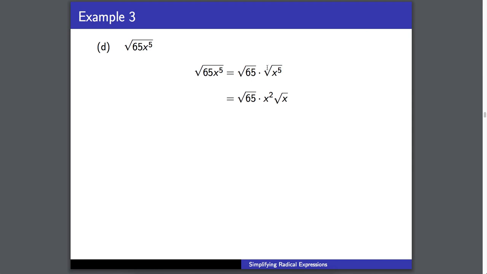5 divided by 2 is 2 with a remainder of 1. So the remainder stays inside the root as x to the first power, and then the quotient of 5 divided by 2 is 2. That power of x, that 2, gets pulled out of the root. So the square root of x to the fifth is x squared times the square root of x.